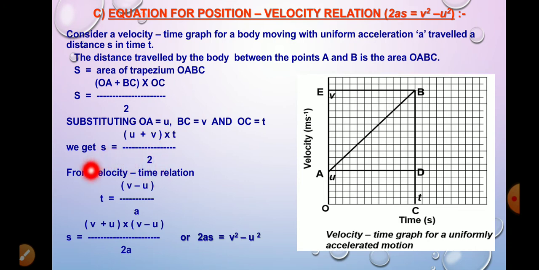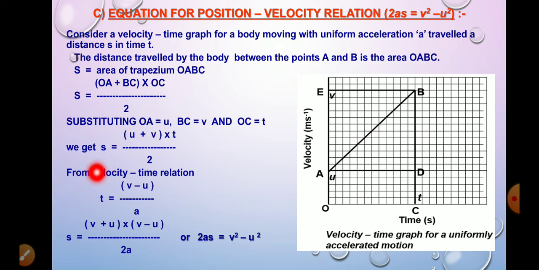So from the velocity time relation, V minus U is equal to AT. Now we have to eliminate T here, because in this relation there is no T. So let us substitute T is equal to V minus U divided by A. How did we get this? From the first equation which you have learnt, V minus U is equal to AT.